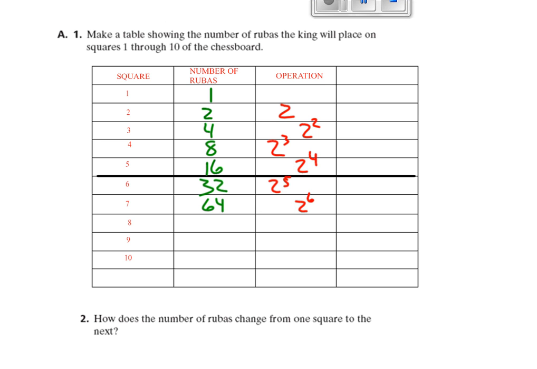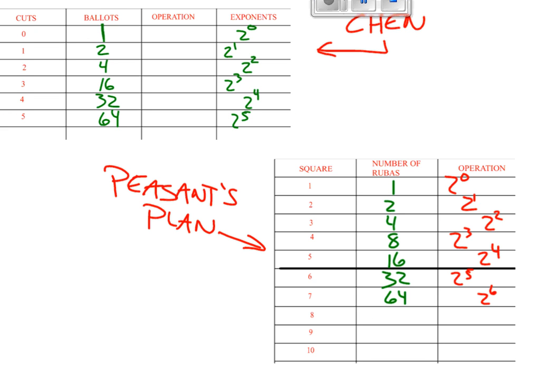And we said that we double from one to the next. Now we want to come up with an equation for it. Now I'm going to compare this to the amazing Chen from yesterday. The amazing Chen had this nice board here. And what we noticed from the amazing Chen was the number of cuts matched the exponent on the operation.